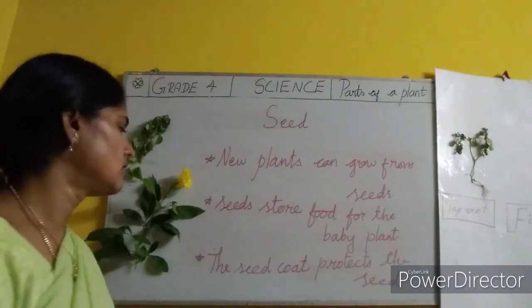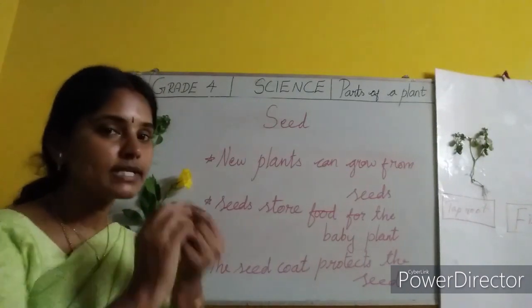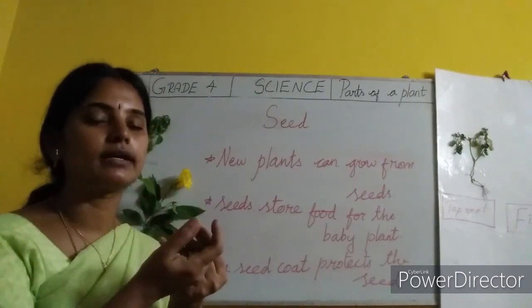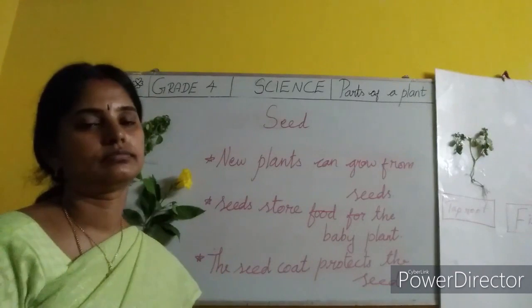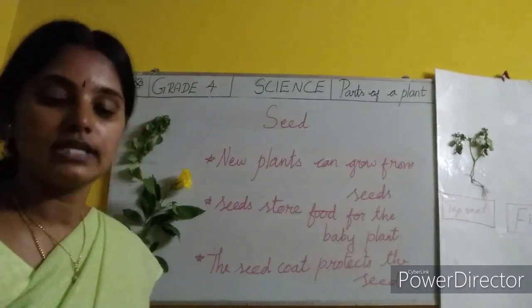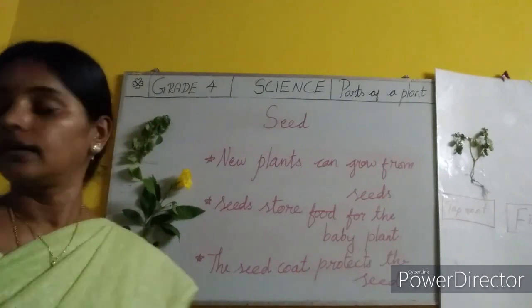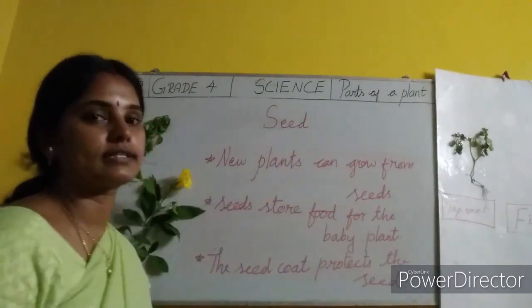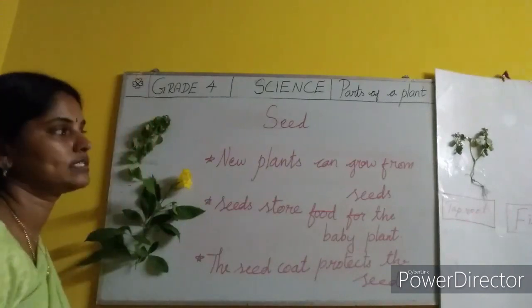Clear, children? So who protects the seed? There is a cover. What is the name of that cover? Seed coat. Clear, children? Okay. So far we have seen about the parts of a plant. What are the parts we see?